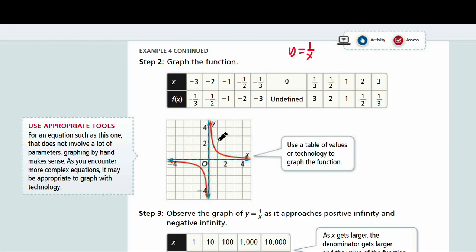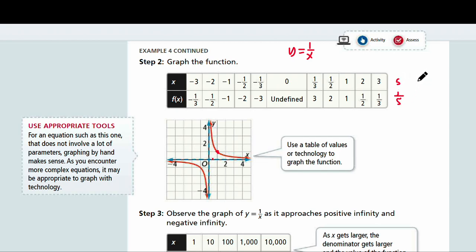So if you start plotting the points, 0 is undefined. When x is 1 over 3, when it's fractions, you have a whole number, until you have 1 comma 1, and then your y becomes fractions, and it gets smaller and smaller and closer to 0, but it will never be 0 because you will always have a fraction.